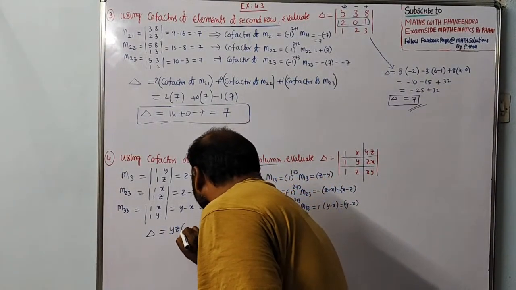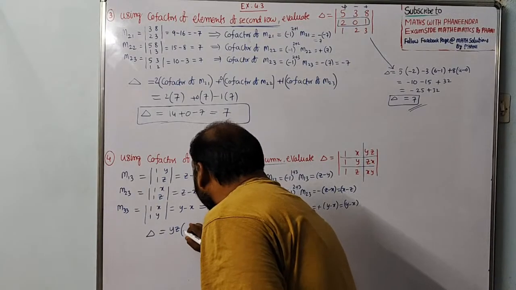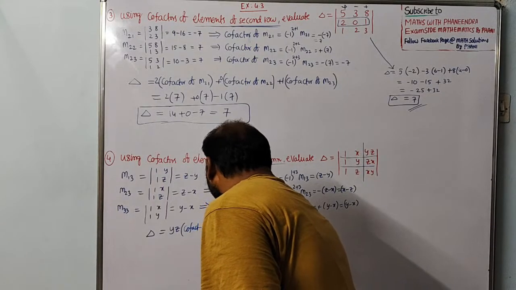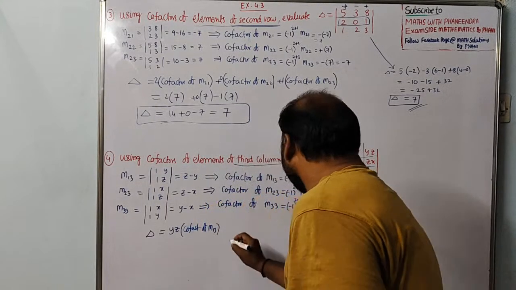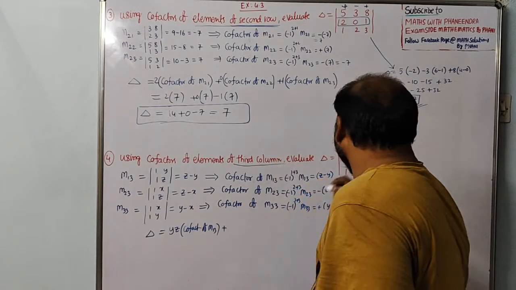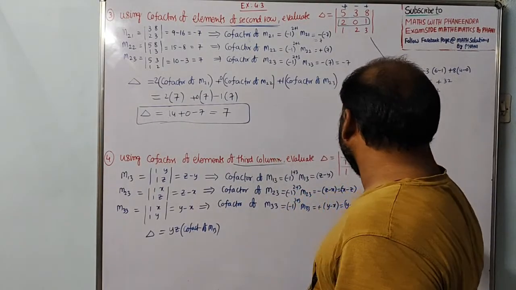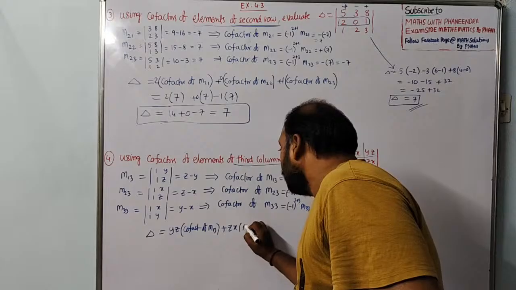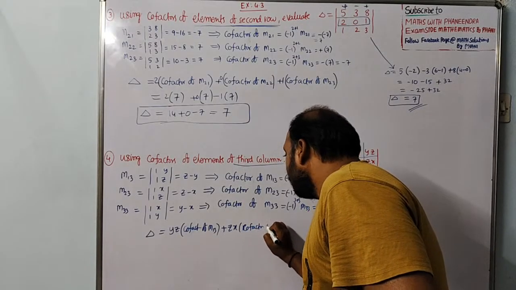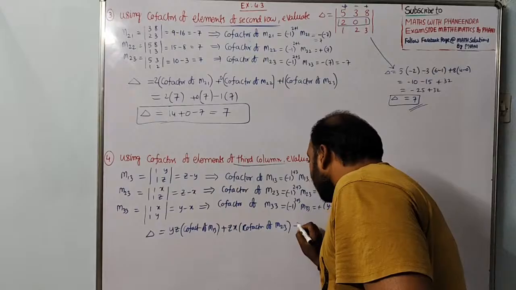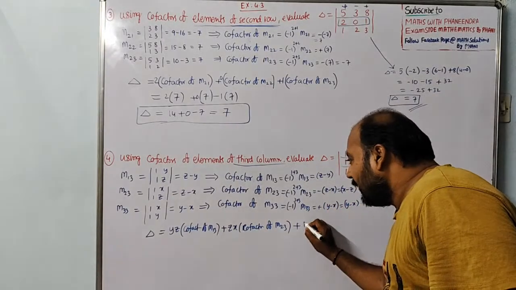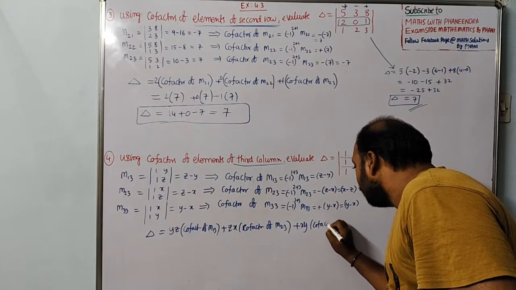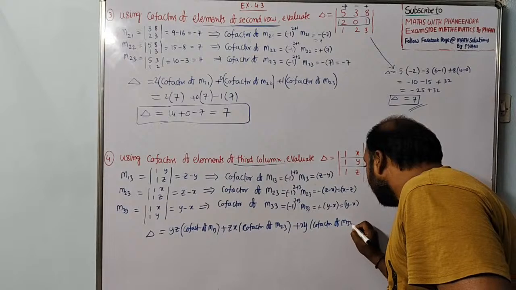Delta equal to third column elements, which are yz into cofactor of M13, next plus zx into cofactor of M23, next xy into cofactor of M33.